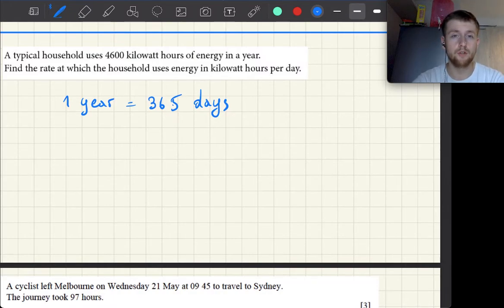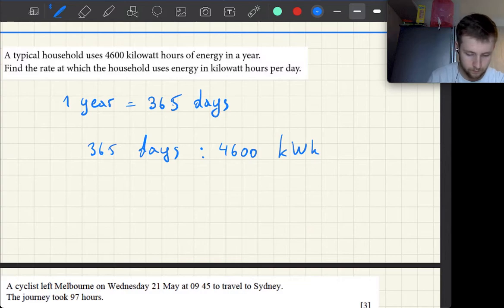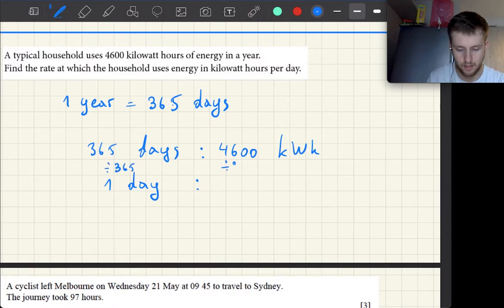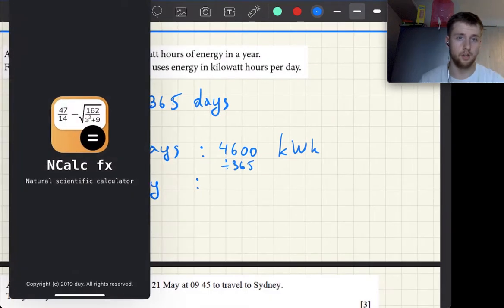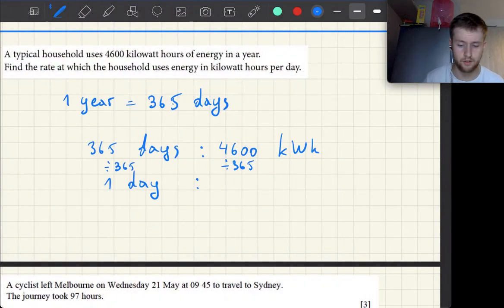It's quite easy. So in a year, so in 365 days, we will consume 4,600 kilowatt hours. Then in 1 day, we would consume 365 times less. So 4,600 divided by 365 would be equal to about 1.26.